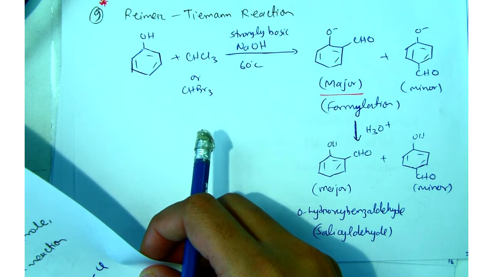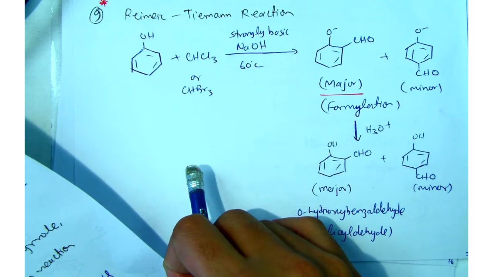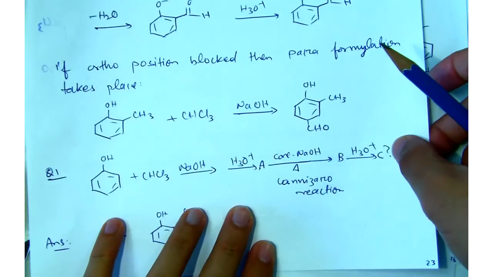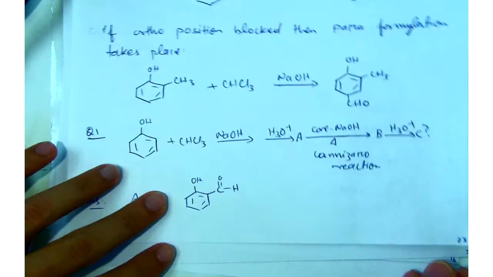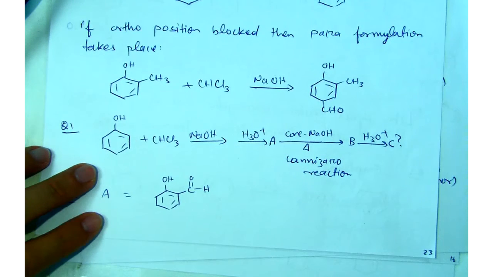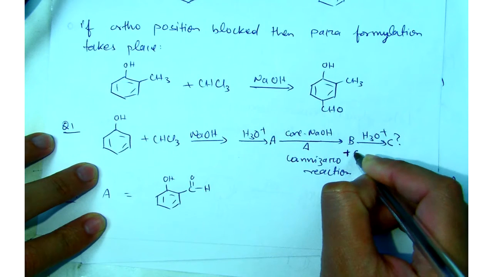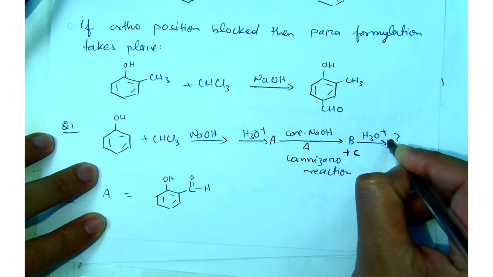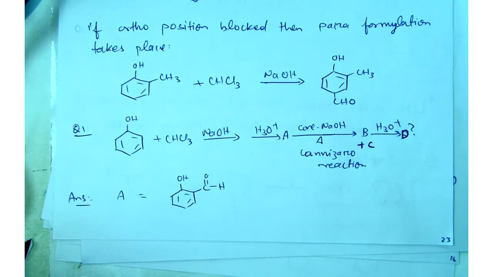So it is better to write two products. Let's say this is B plus C, and let's say this is D. Because that is an intermolecular Cannizzaro, you get two things: one alcohol and one acid.